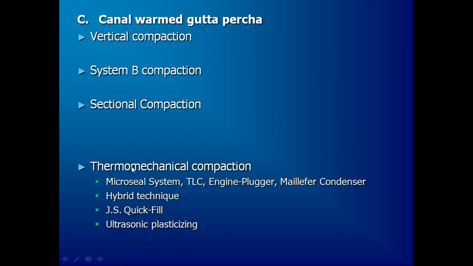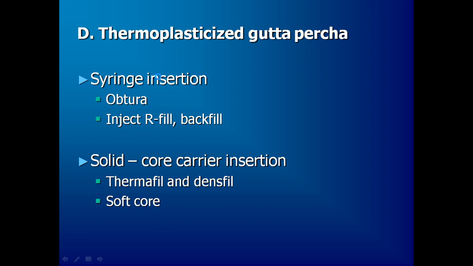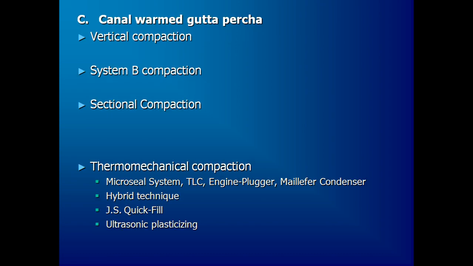That is why they tried to warm the GP within the root canal. The different techniques where they attempted to warm the gutta-percha within the root canal are the vertical compaction technique, the system B compaction and the sectional compaction. They also tried warming it within the root canal by mechanical means.